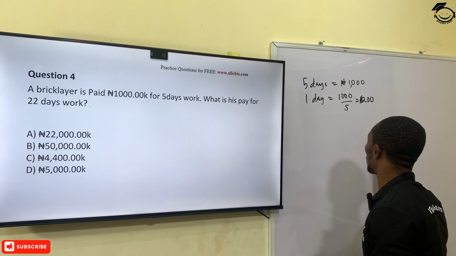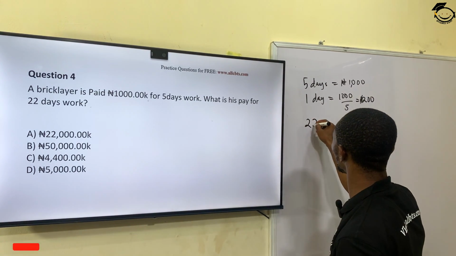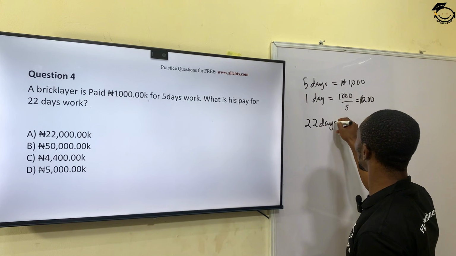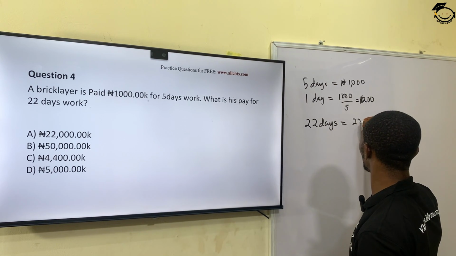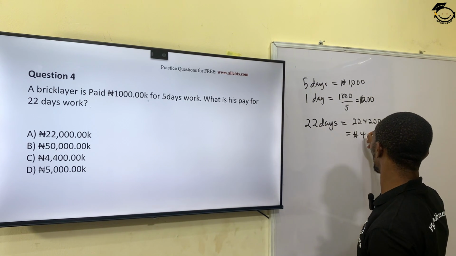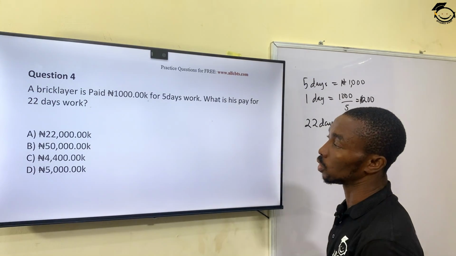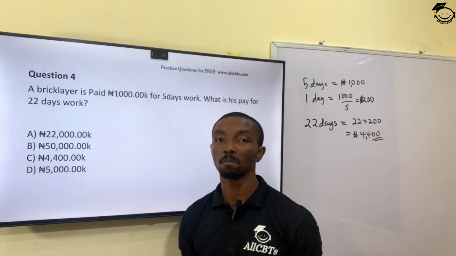So he's paid 200 naira for a day's work. So for 22 days, he would get 22 times 200, which gives us 4,400 naira for 22 days, which is option C.